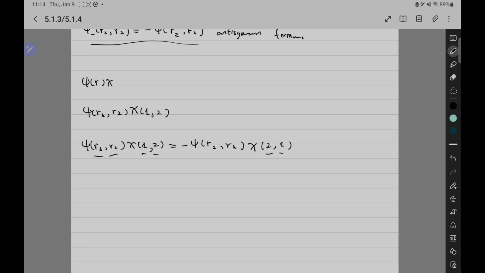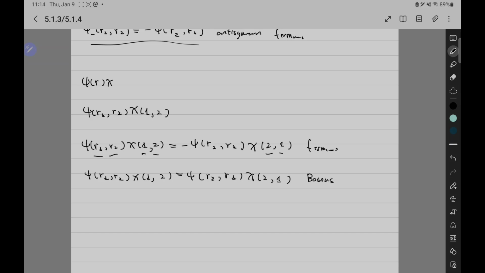And for bosons, since they're symmetrical under exchange, we have something that looks like this: imagine we're dealing with bosons right now, then this would be r2, r1 with no negative in front of it. So fermions, bosons.